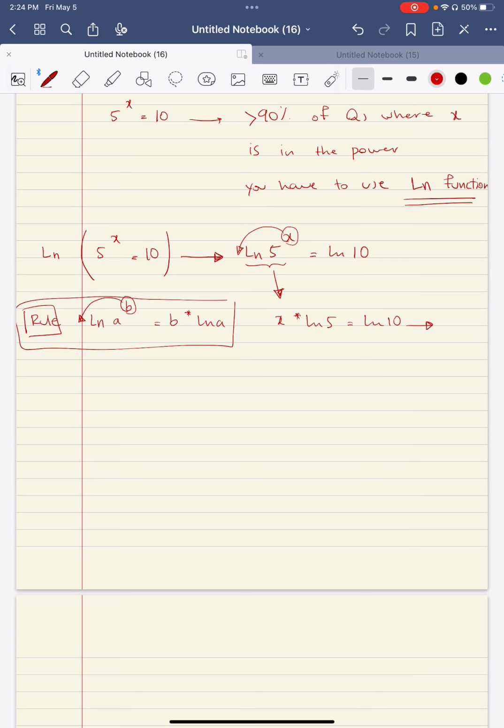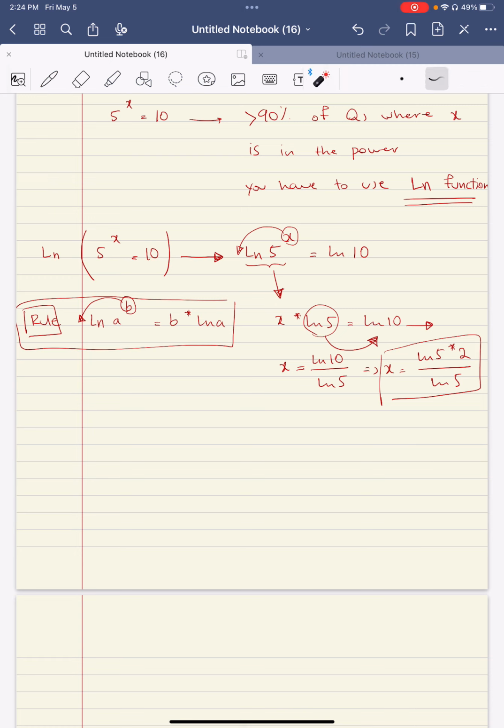So you can move the ln 5 to the right hand side, so your x would be equal to ln 10 over ln 5, or your x would be ln of 5 times 2 over ln 5, right?